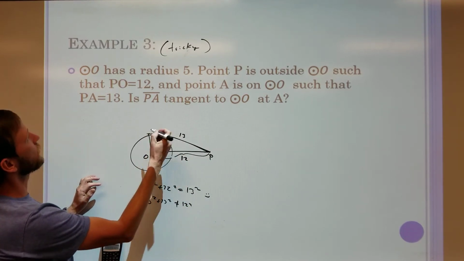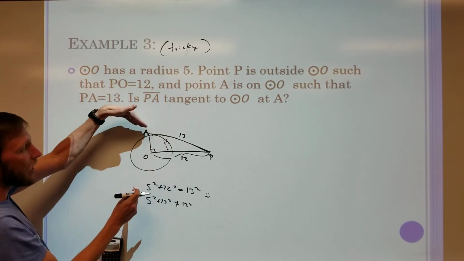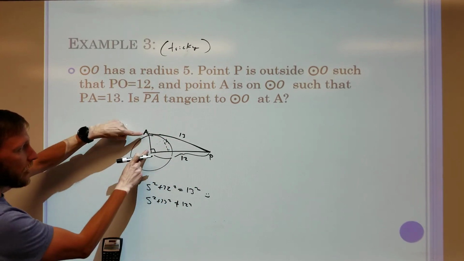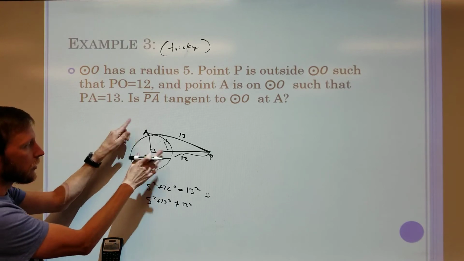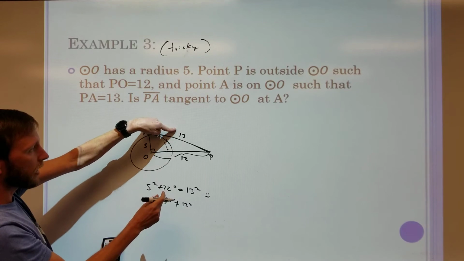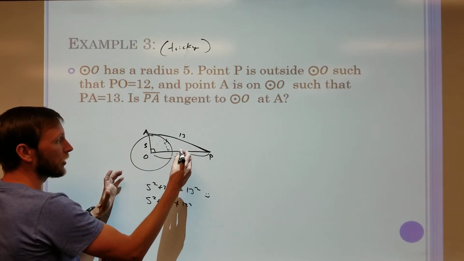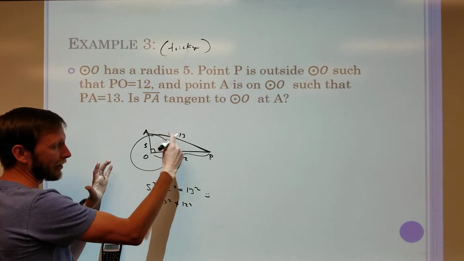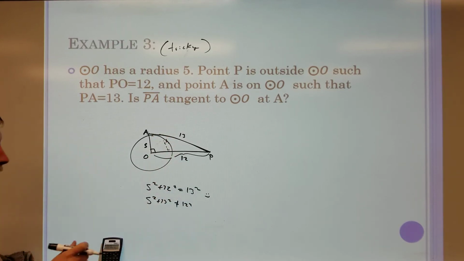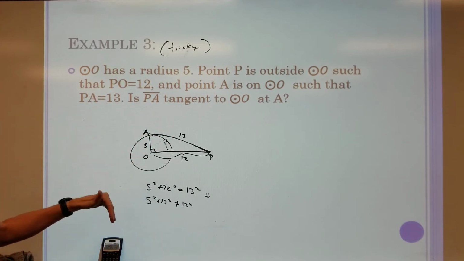This is PO, this is PA. And then we would notice that this can't be tangent to the circle because I can't have 2 right angles in my triangle. 5 squared and 12 squared would make 13 squared, but we can't have 13 squared and 5 squared equal 12 squared. So this triangle that exists in reality here is not going to be a right triangle with the right angle on the circle.